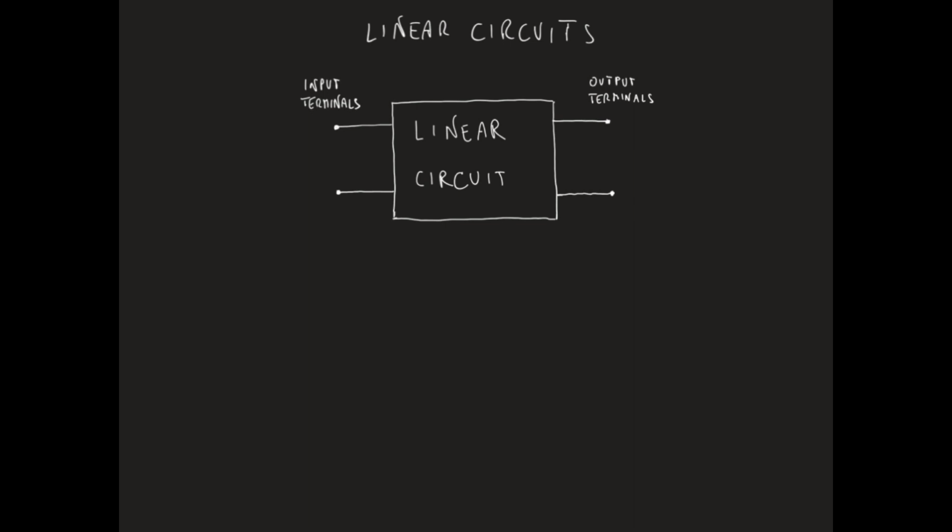Let us assume that the signal at the input of this linear circuit is a sinusoidal signal. Just to make things clearer, let us assume that the input signal is a voltage signal. This is not strictly necessary, of course.